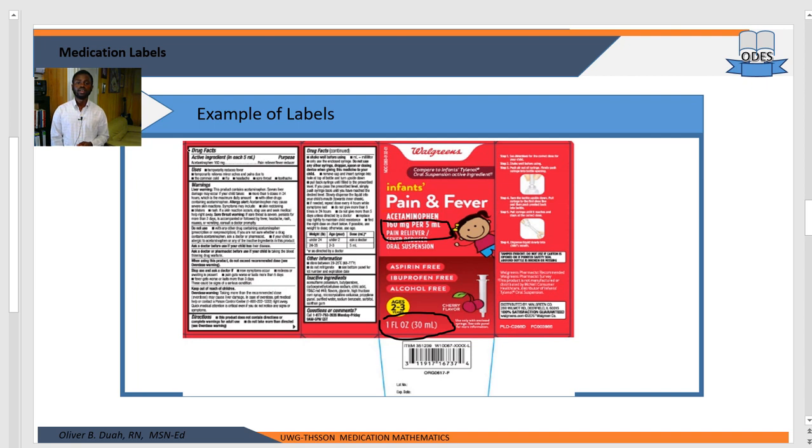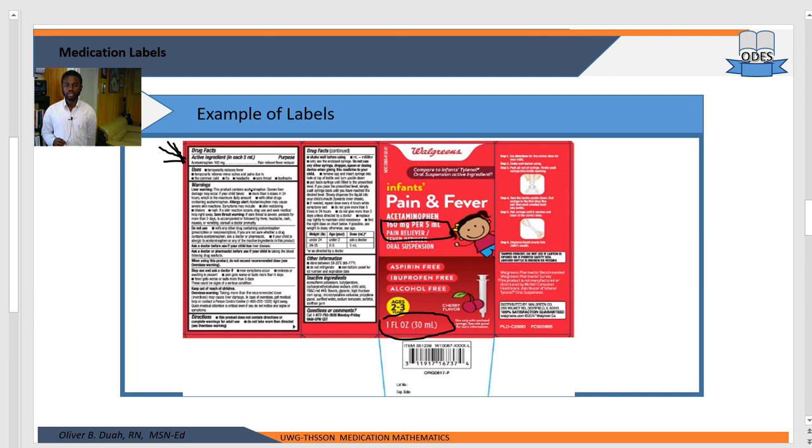And then on this side, you are going to see the drug information, which will include the dosage for children based on weight or age.